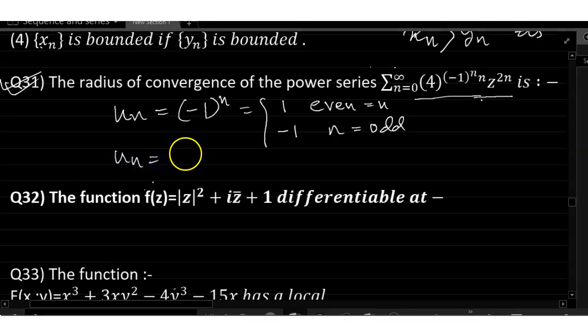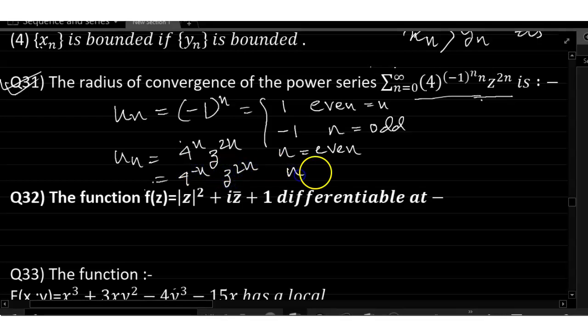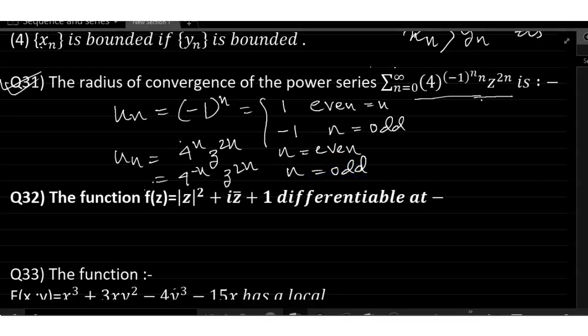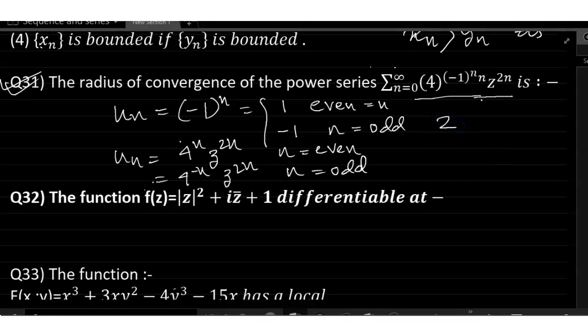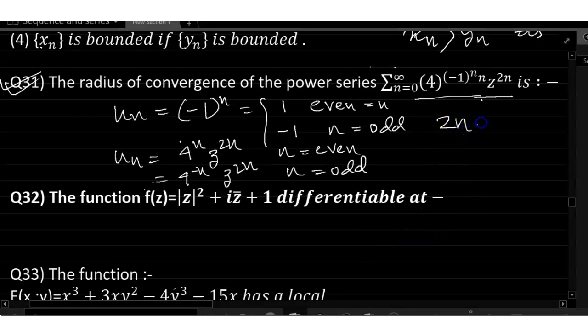And the coefficient is 4 to the power n, z to the power 2n when n is even, and 4 to the power minus n, z to the power 2n when n is odd. So now, 2n is equal to m, so n equals m by 2.